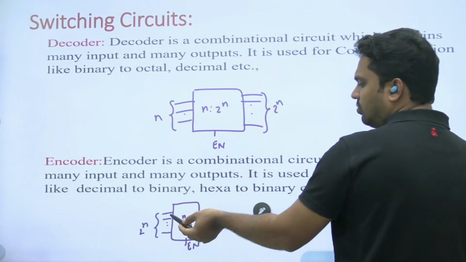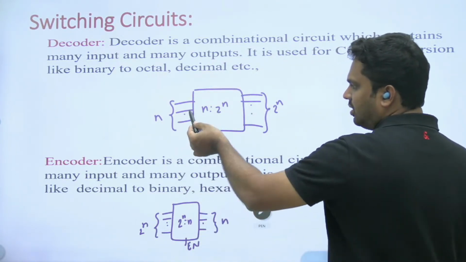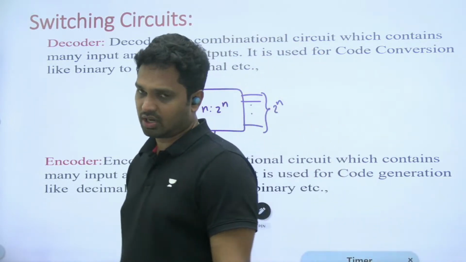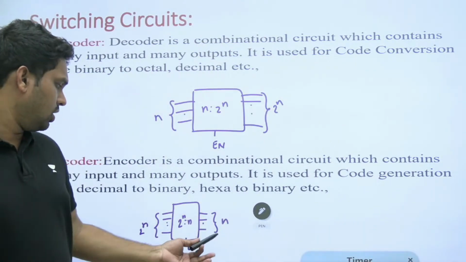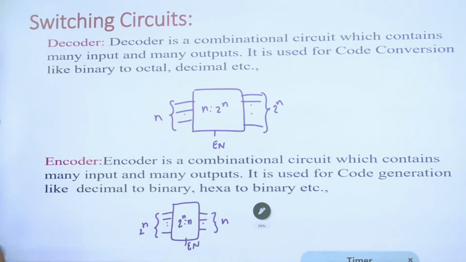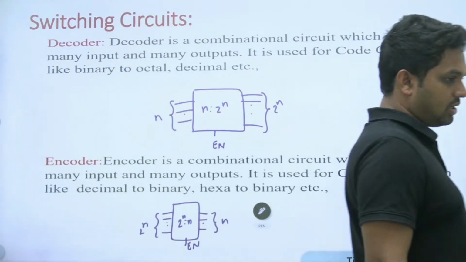So you can give a decimal number here and get binary, give binary and get decimal, and so on. Hexadecimal to binary, whatever it may be, you design accordingly. Not only binary, you may give some input and it will give its gray code. Accordingly, we design its decoder. Let's see how to make an encoder and decoder.